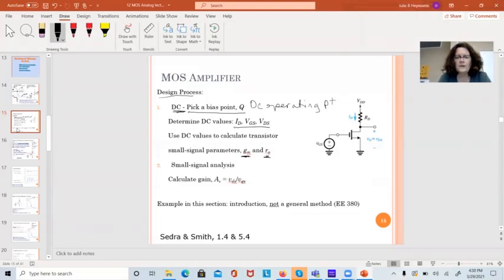So once we get gm and RO, we can look at the small signal model of the transistor and calculate the gain. This is an example that we're doing here for the common source amplifier that looks exactly like this. It is not a general method, but we will look at the general methods in EE280.